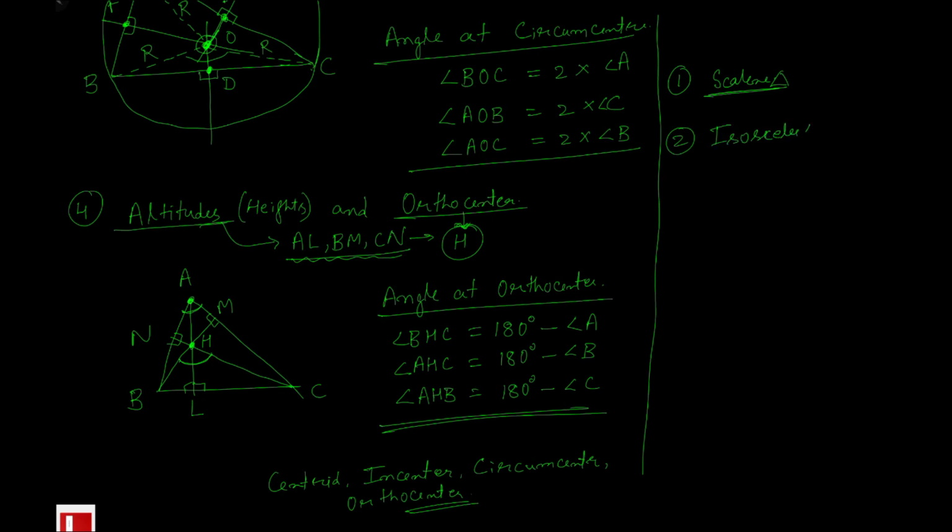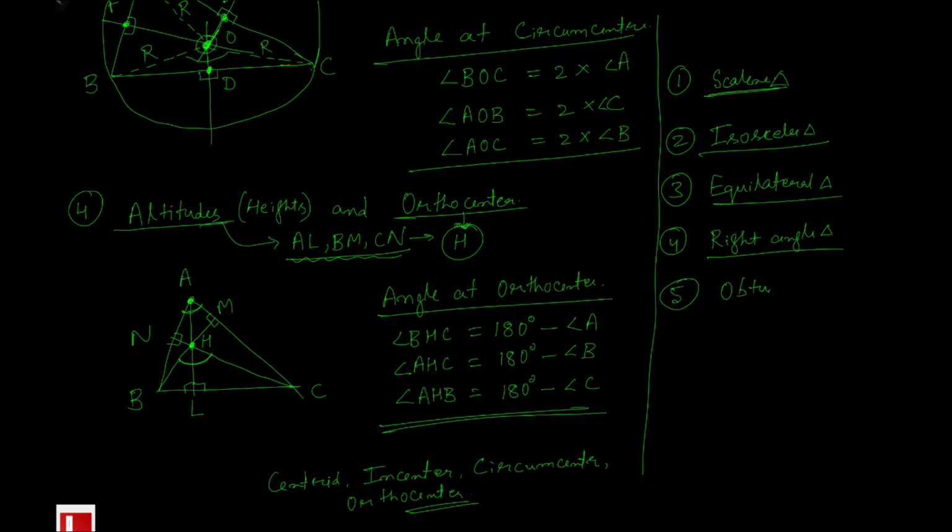So the relative position of these 4 points in case of scalene triangle, isosceles triangle, separately, and for equilateral triangle, for a right angle triangle, obviously for obtuse angle triangle, and of course for acute angle triangle.